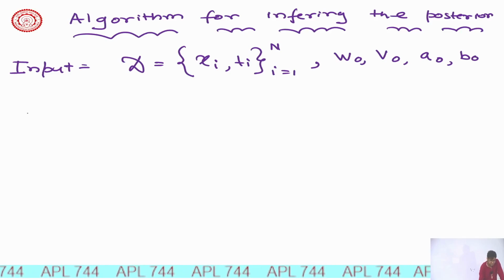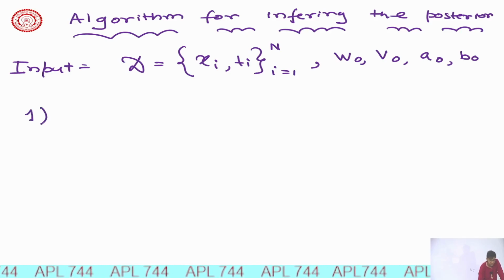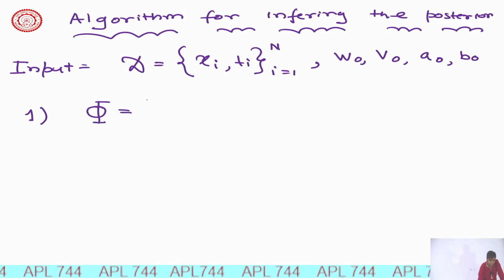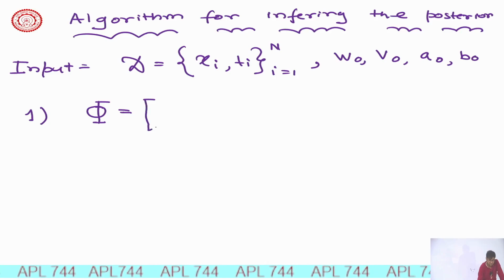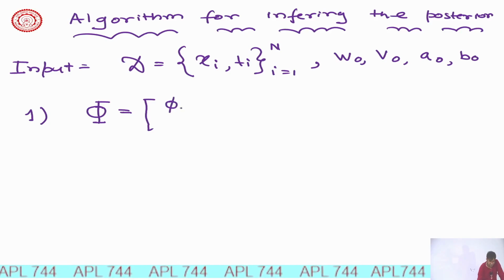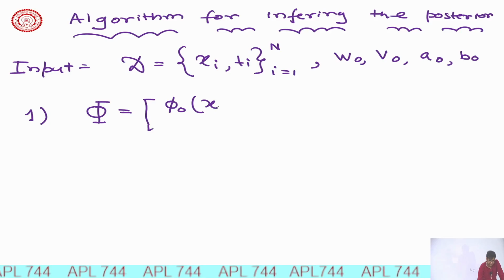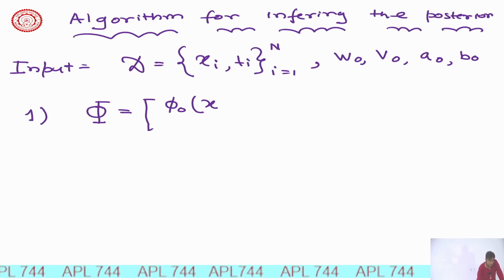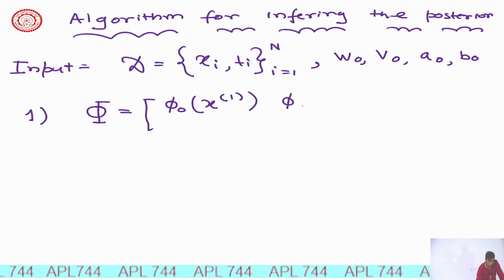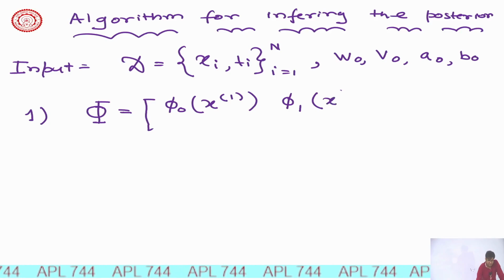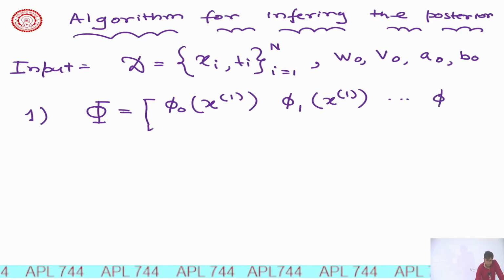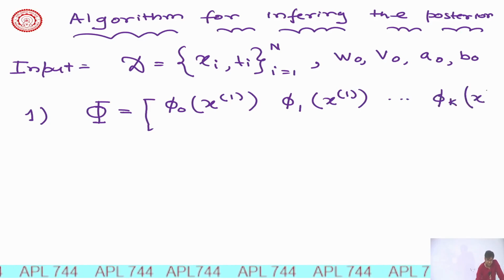Step 1 is you will calculate phi, and phi is basically how will it look? Phi 0 x1, phi 1 x1, phi k x1.